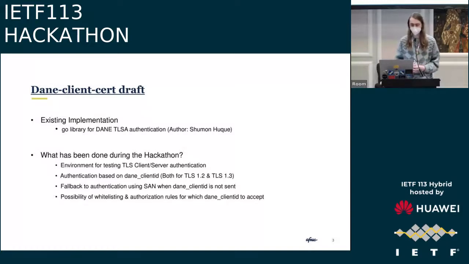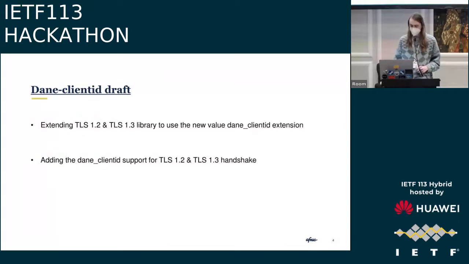And there's also a possibility to do authorization rules to allow or deny connections based on the client ID and some mechanism that you want to implement. And for the DANE client ID extension, as I mentioned, we've implemented the TLS 1.2 and TLS 1.3 extensions in the Golang TLS library.